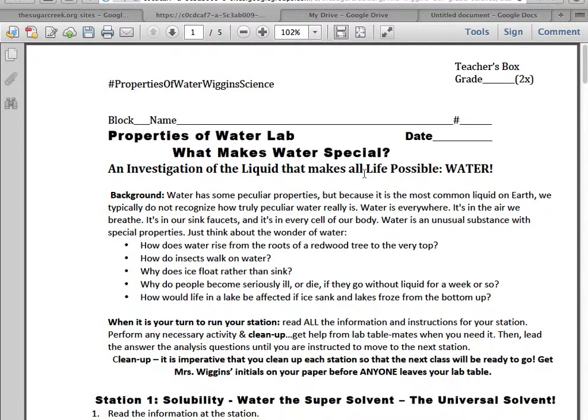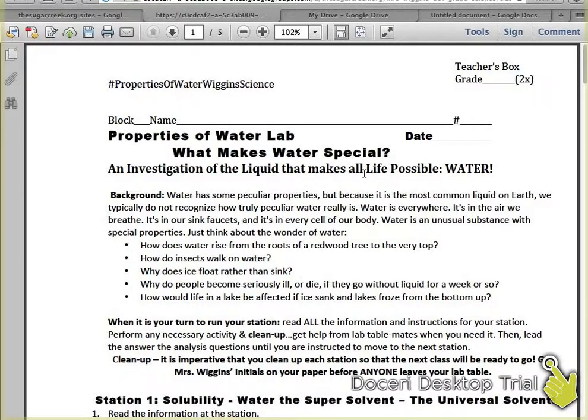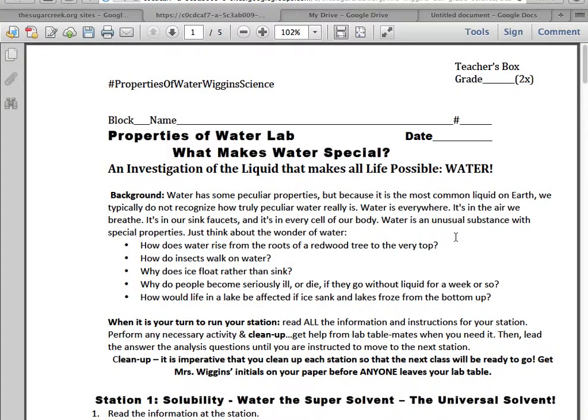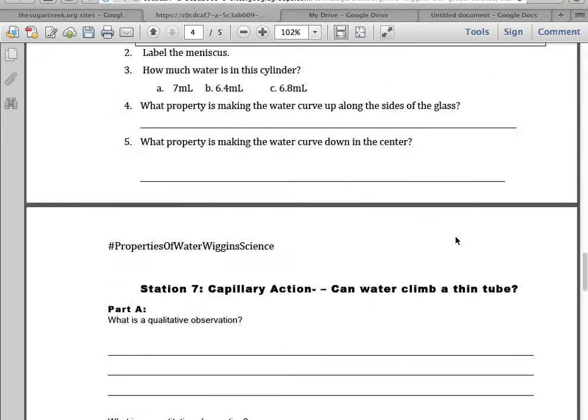I was noticing a trend of mistakes, so we're going to look at station 4. So let's go down to station 4.